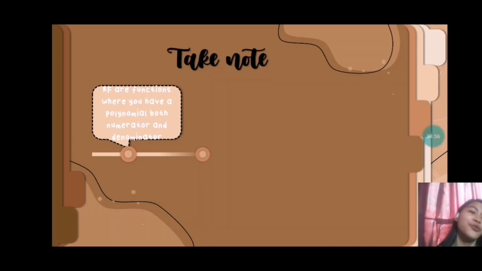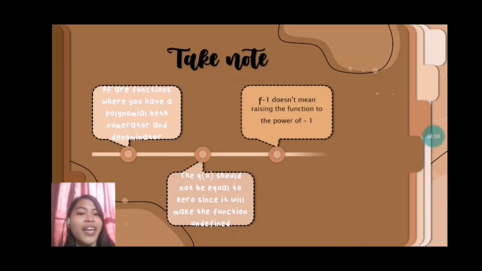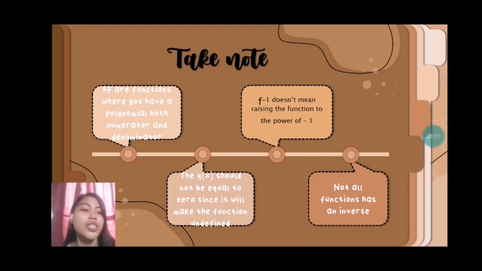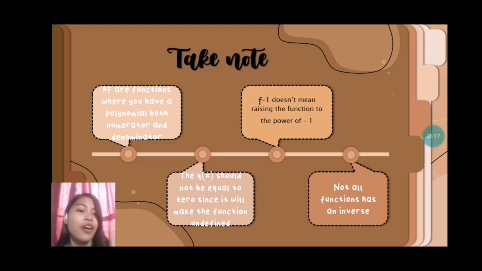Okay, so take note. Rational functions are functions where you have a polynomial in both the numerator and denominator. Then, the q of x should not be equal to 0, since it will make the function undefined. That is for our rational function. Now, what about the inverse function?